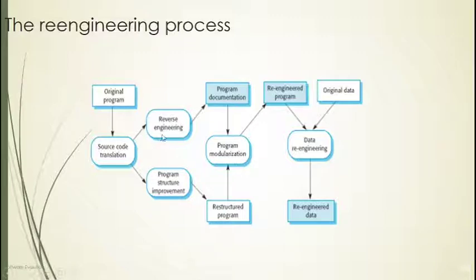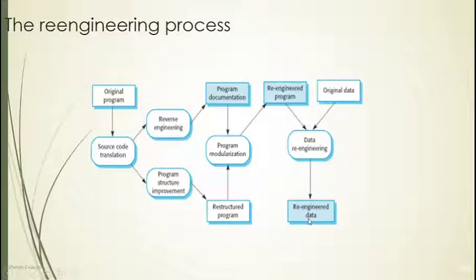In reverse engineering, there is program documentation, then program modularization. In program structure improvement, we restructure the entire program as required by the changes in the environment. Then after program modularization, the program is re-engineered. Then data re-engineering, from the original data to the re-engineered data.